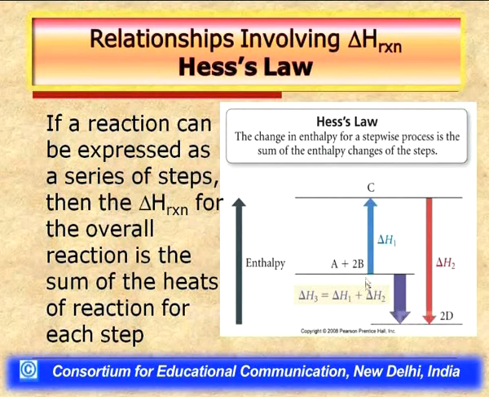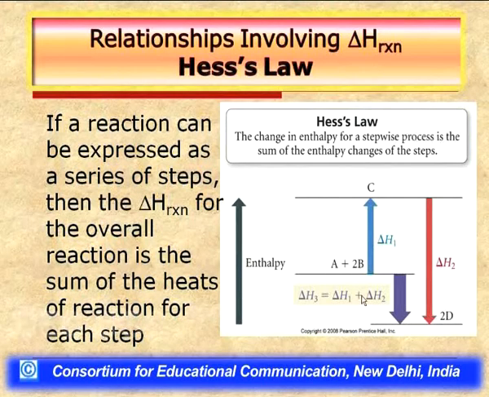It could also be possible that these two reactants combine to give an intermediate product C, which then transforms to the final product 2D. So, basically, delta H1 is for the reaction between A plus 2B leading to C, and there is the reaction where A plus 2B leads to 2D.